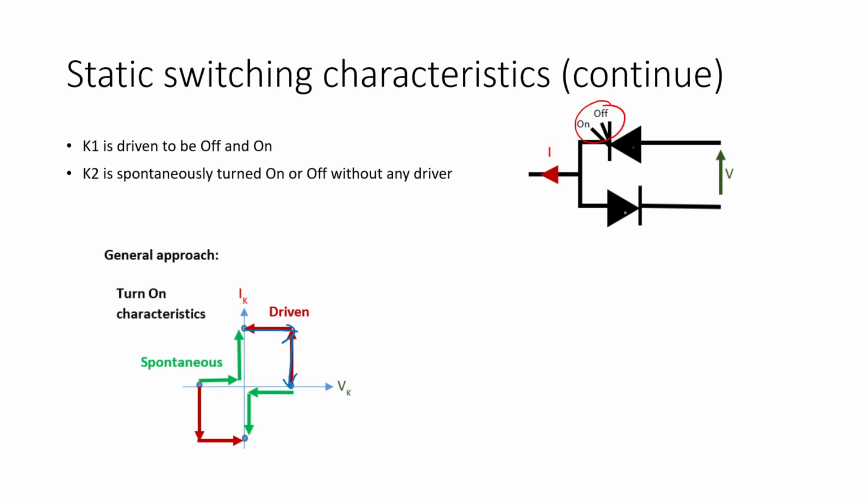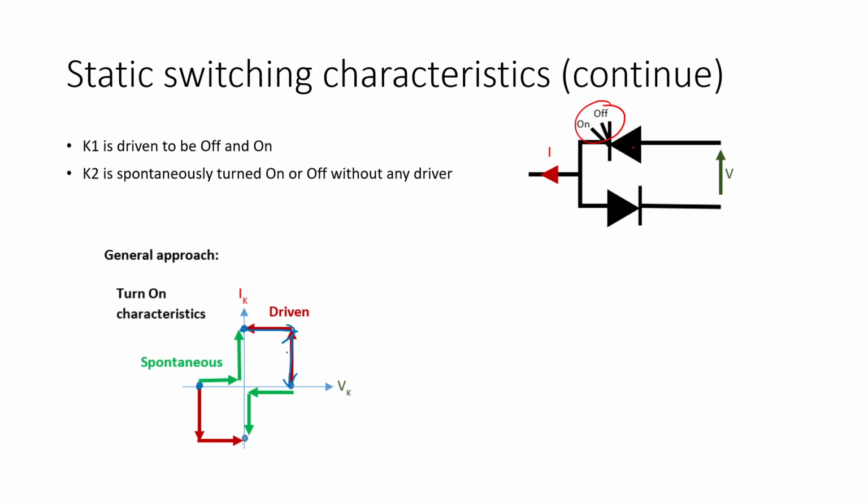Then if this one is off, then the voltage is here and the current is 0, and then from here to here.